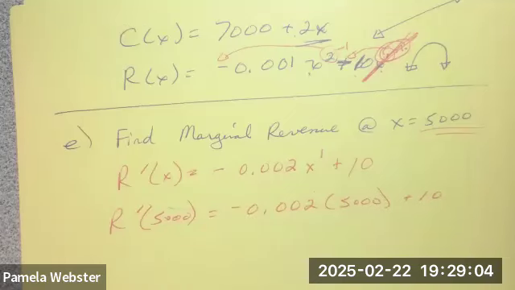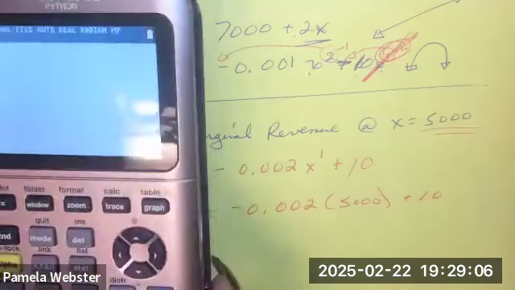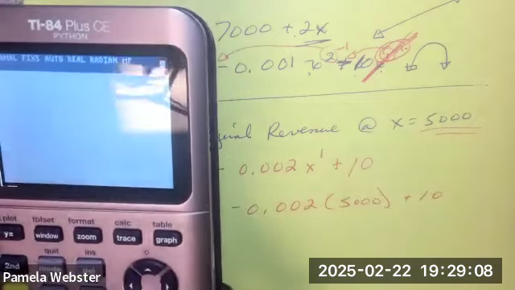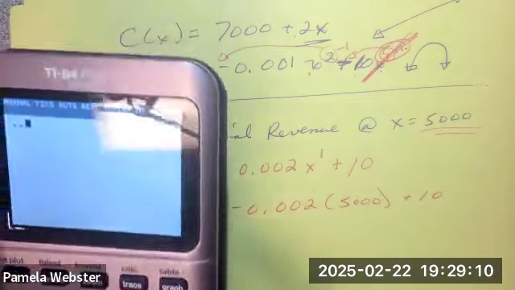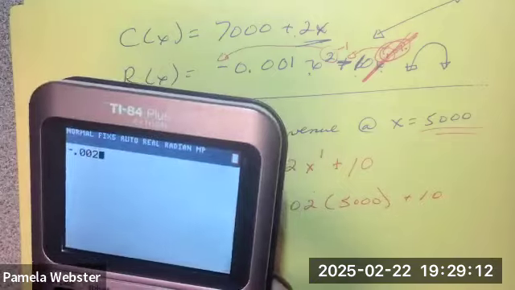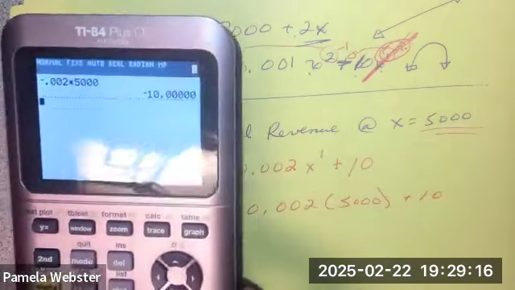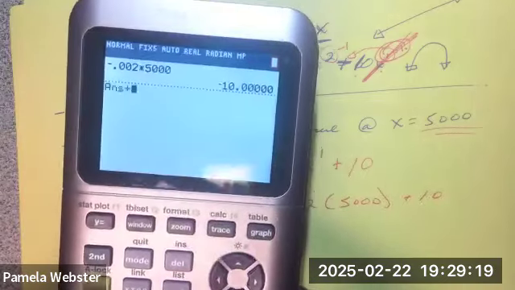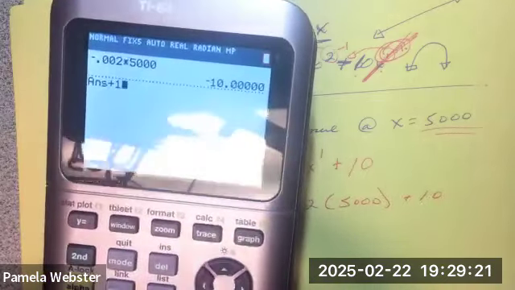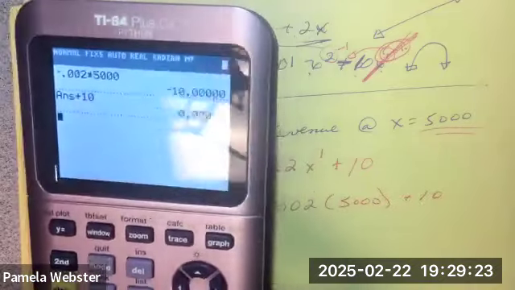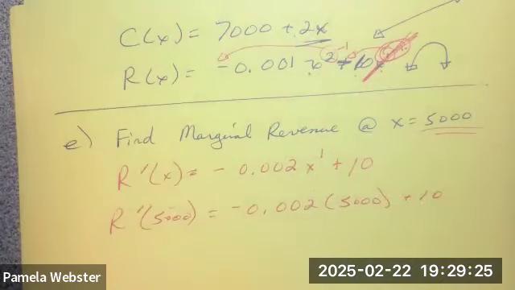Where did my calculator go? Uh-oh. Looks like my battery's starting to die. Negative 0.002 times 5,000. Okay. Negative 10 plus 10 equals. So we're looking at that marginal revenue there. We're looking at the 0 going on.